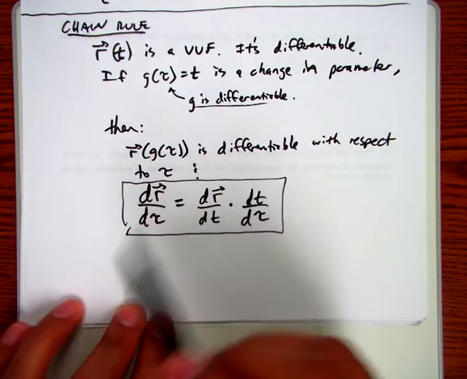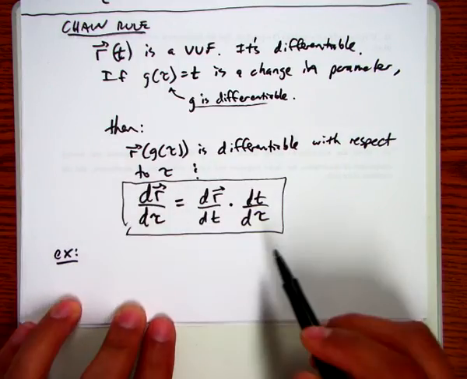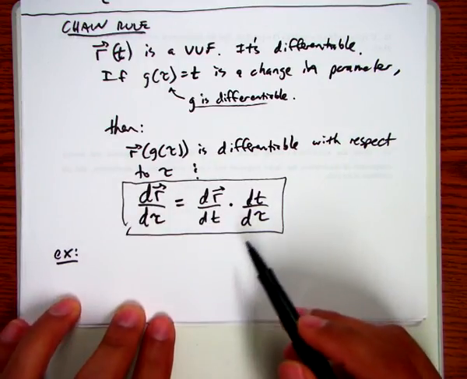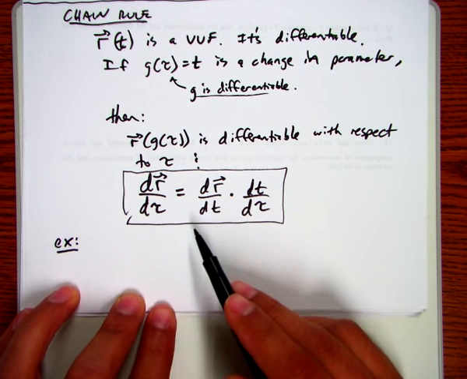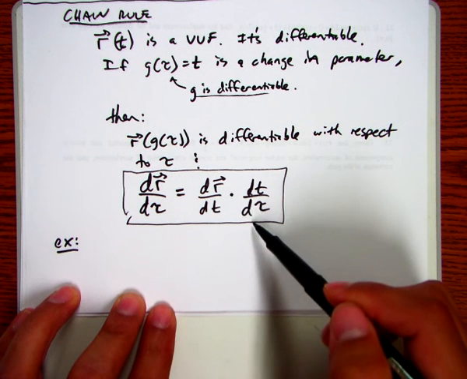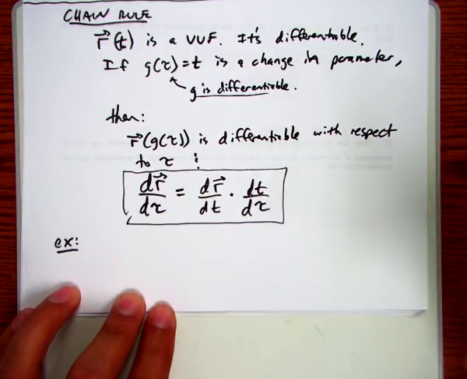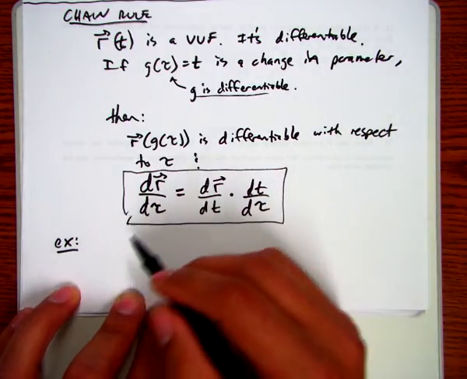So here's an example. I want you guys to try both ways. There's two ways to do it. You can use the chain rule to find the derivative, and of course you could actually just plug everything in and then differentiate, so that's the other option. But go ahead and try it both ways.